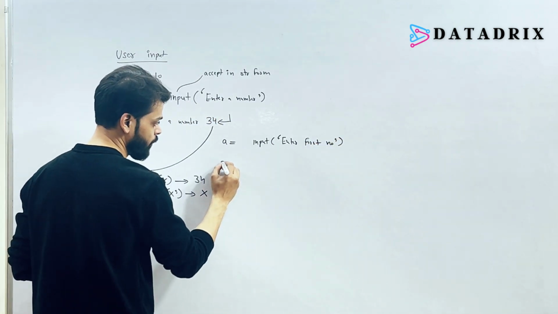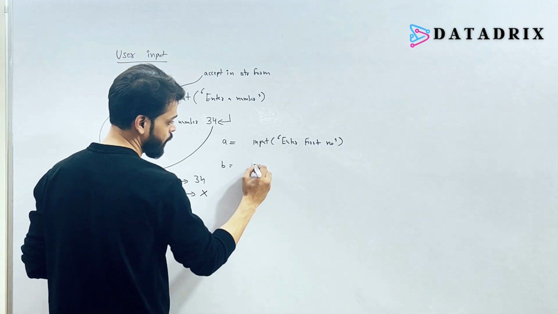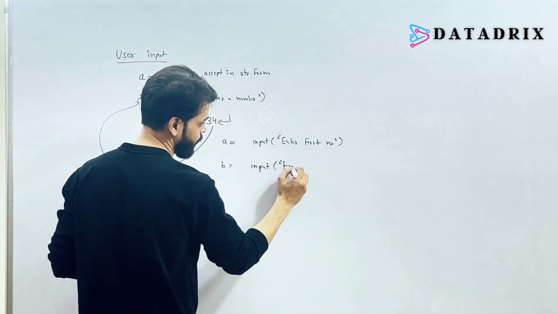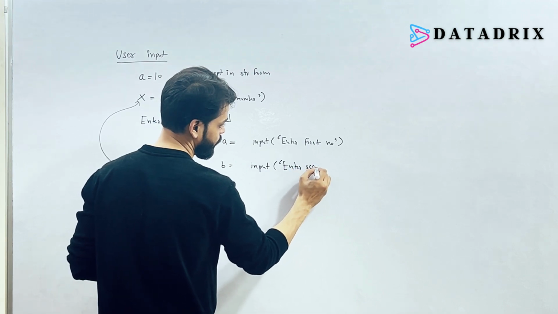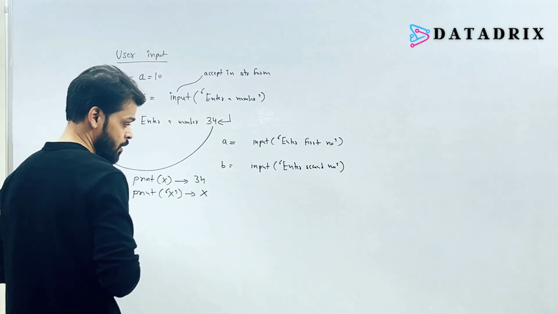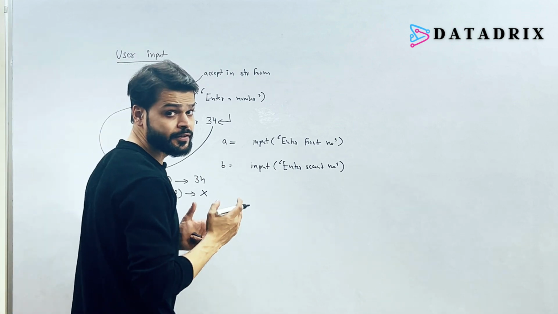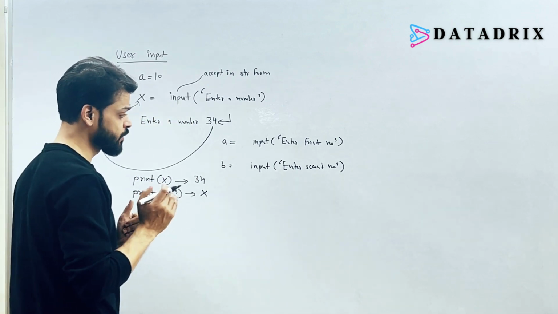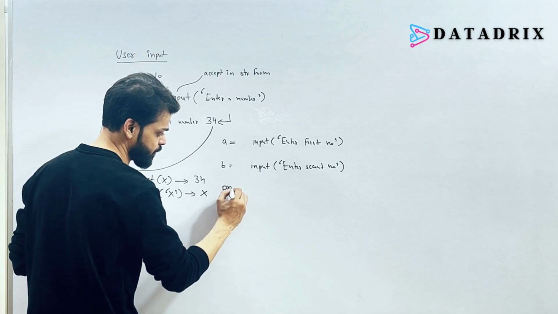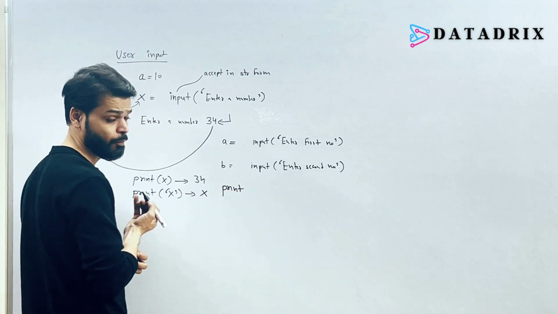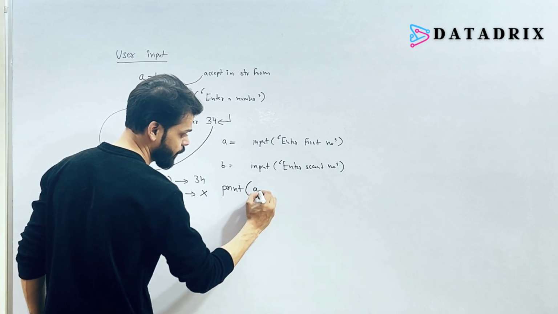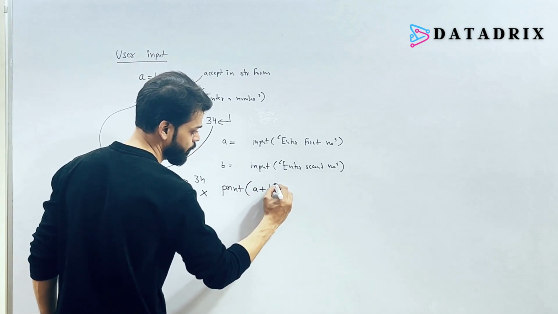Now the second variable, b equals input, enter second number. Now I have to display its summation. So in order to do the summation, I'm going to use the print function, because we need to display something, and inside the print function, I'll use a plus b.